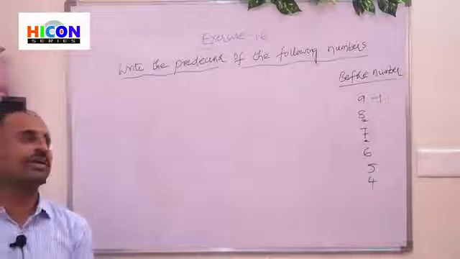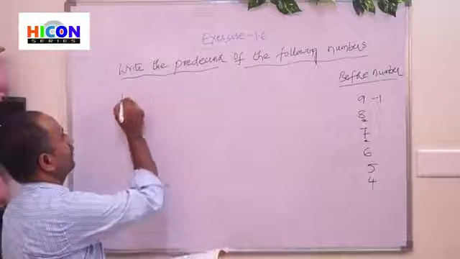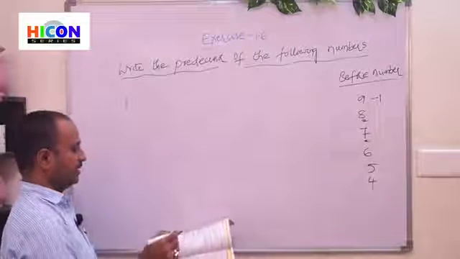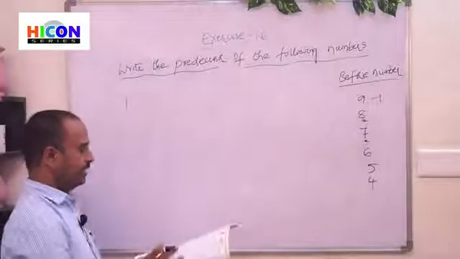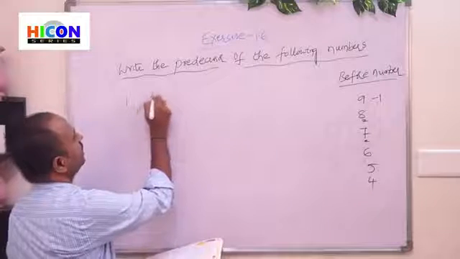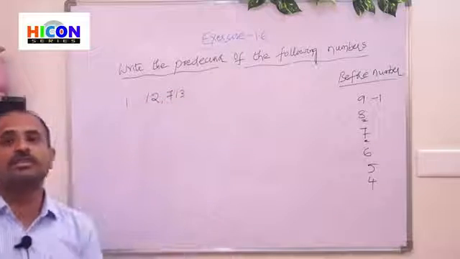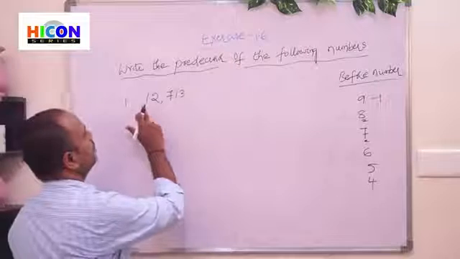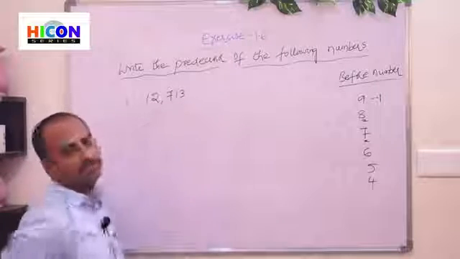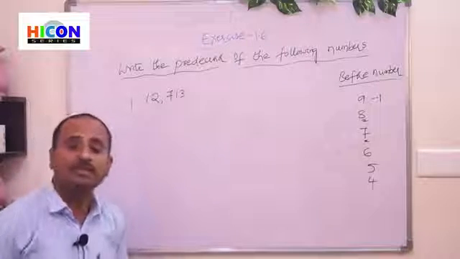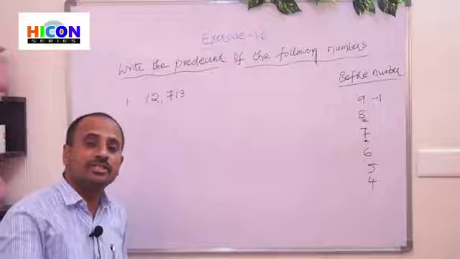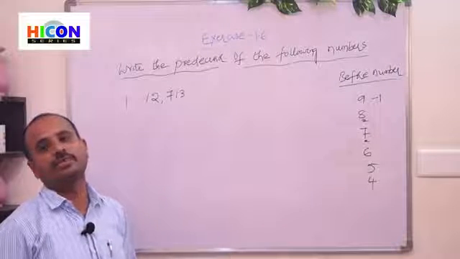Take one problem in exercise 1.6. The number is 12,713. What is the predecessor of this number? Predecessor means the number which comes just before the given number.